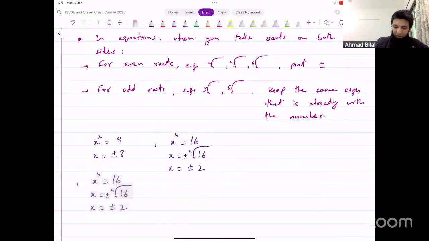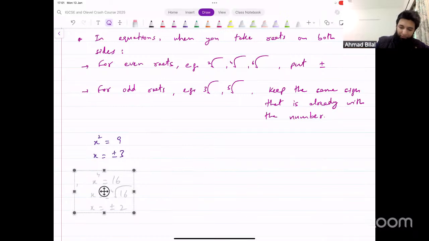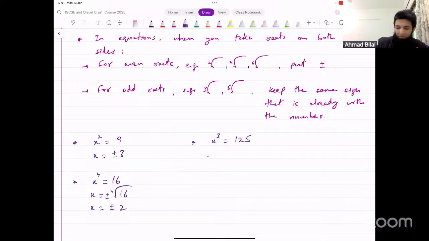And if you have odd roots, for instance, if you had x cubed equal to 125, you take the cube root on both sides, the result is just 5. The original number was positive, the result is also positive.